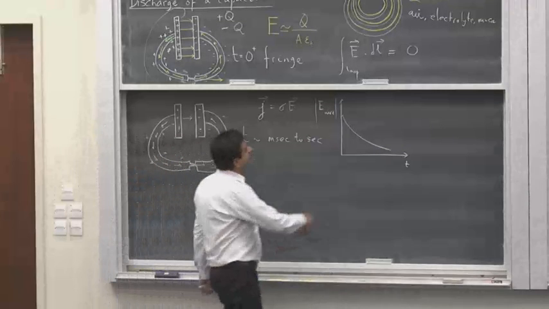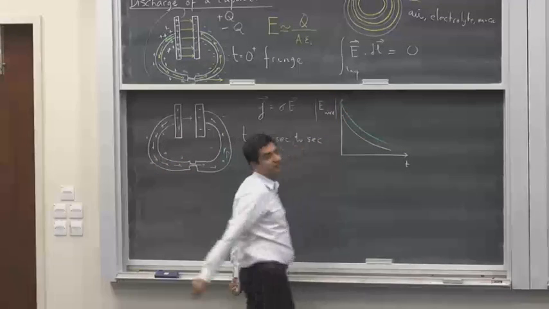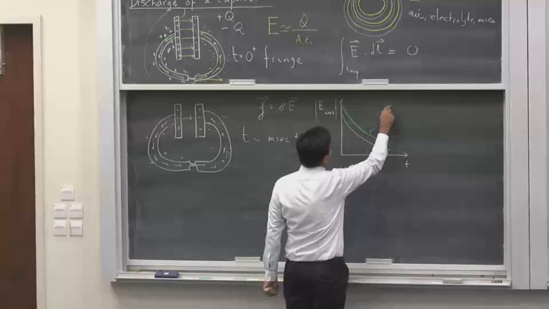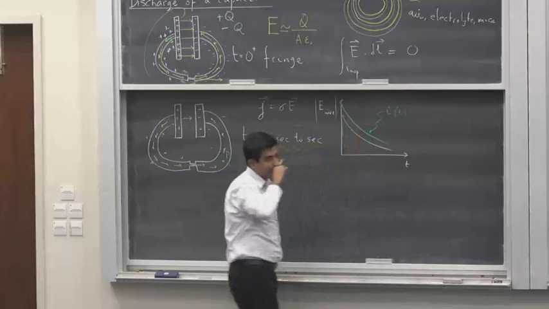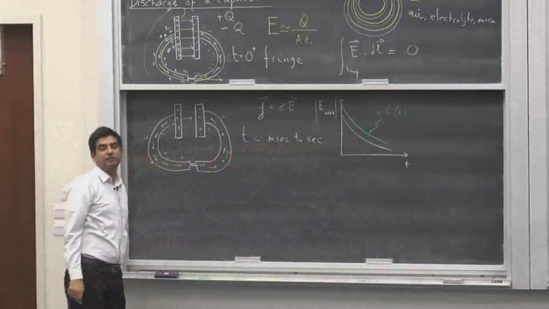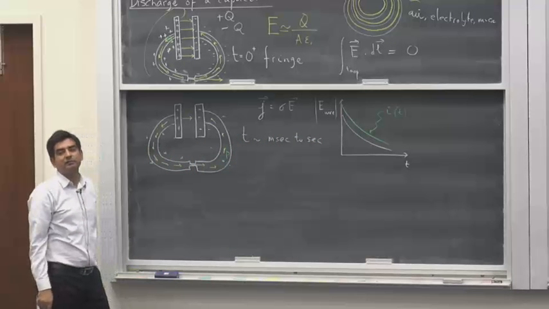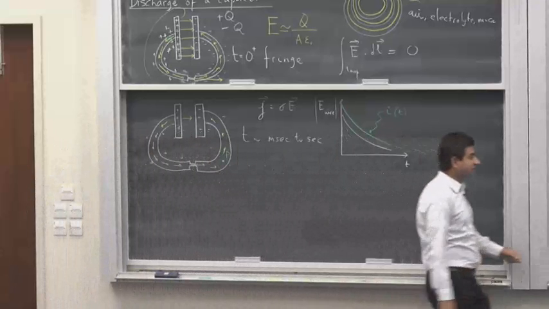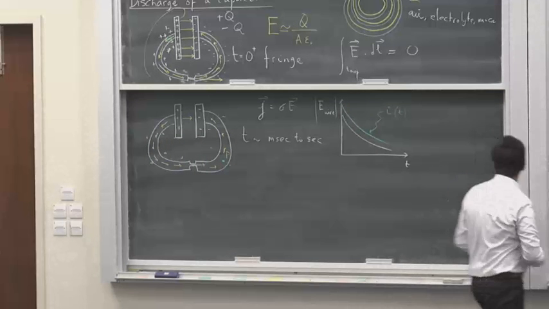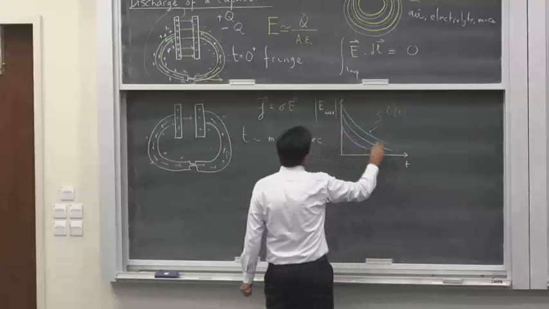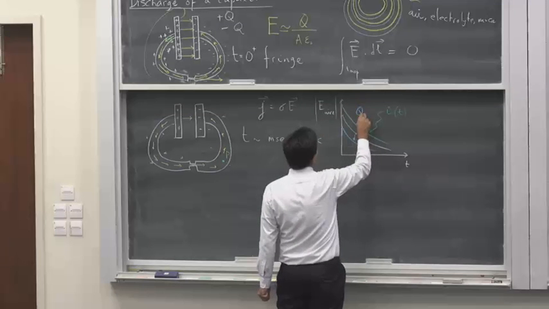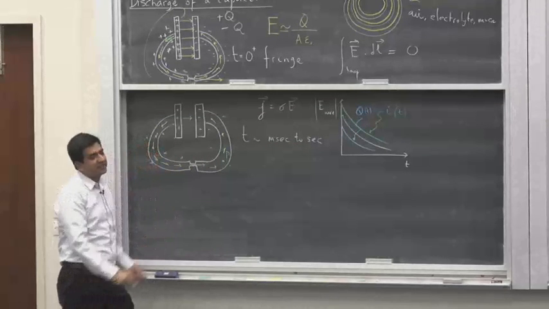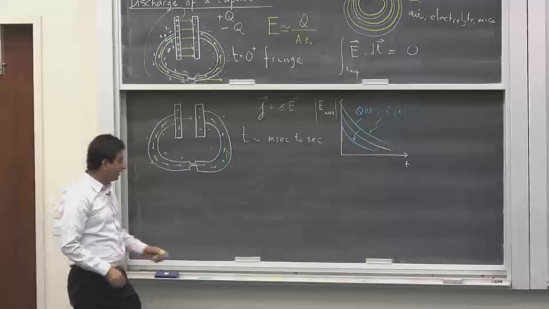Likewise, the current is going to decay with time. This is the current through the circuit, I, as a function of time. And furthermore, the charge on this capacitor is going to deplete with time. So everything is going to decay with time. This is the charge on the capacitor. So this process is discharging.